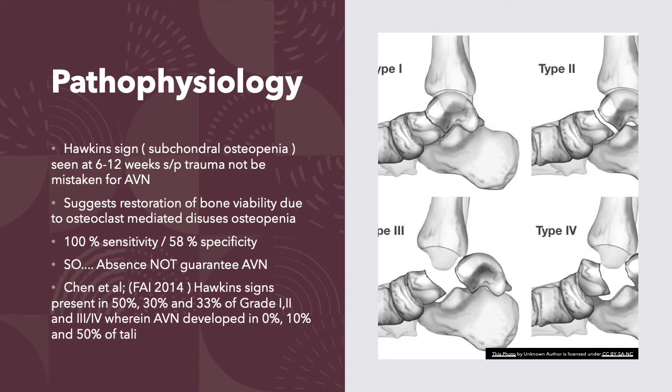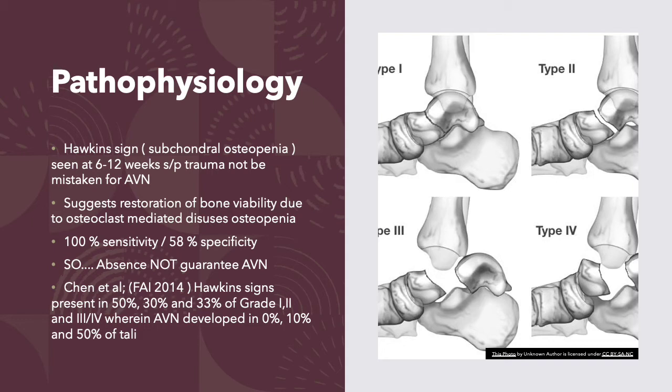It is known to be 100% sensitive, but only about 60% specific. So the take home from that is the absence of a Hawkins sign does not guarantee the formation or development of avascular necrosis.